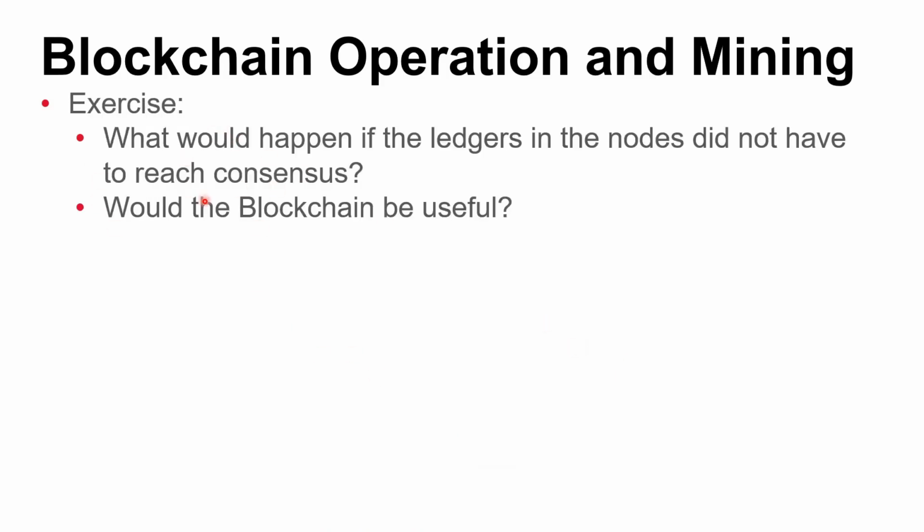So in this exercise, just think to yourself, what would happen if the ledgers in the nodes did not reach consensus? Would the blockchain be useful? Okay, well, think about that. And think about our examples before.